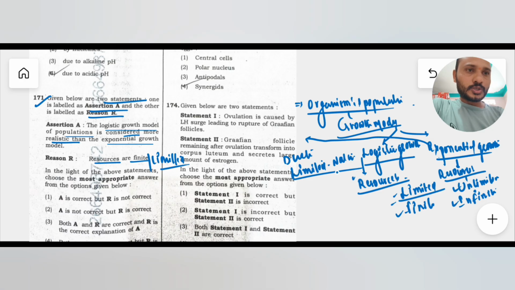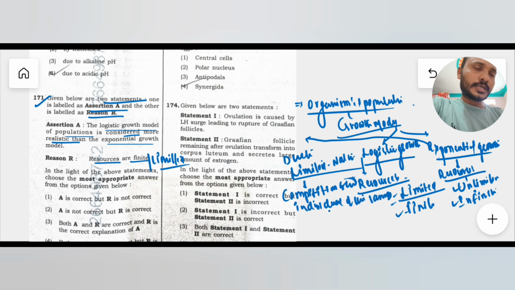Due to limited resources there is competition between individuals of the same species. When there is competition, only those fittest for survival can survive, and the other individuals are lost, die, or are excluded.